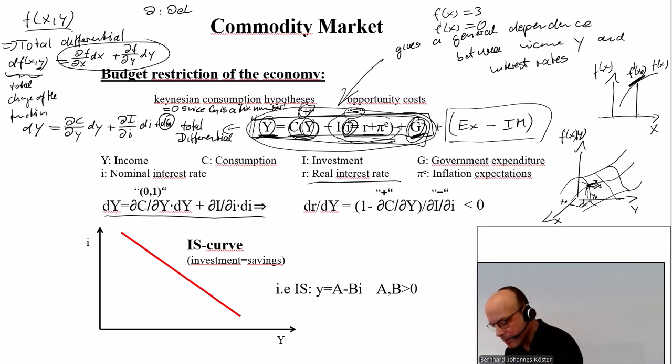Well, I know that the derivative of consumption with respect to income is positive and within 0 and 1. Or it is within 0 and 1, then it is, of course, directly positive. And here I know this number is negative.